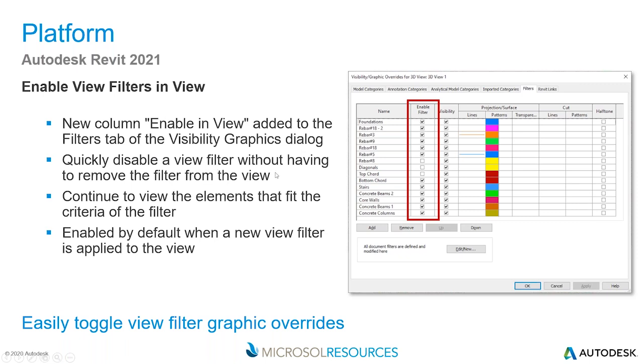But in the past, we had to deal with these filters, maybe something as simple as concrete beams, concrete walls, or walls of particular fire ratings. If I wanted to visualize a filter within a view, I would have to add that filter to the view, and it would be visible and be affecting that view.